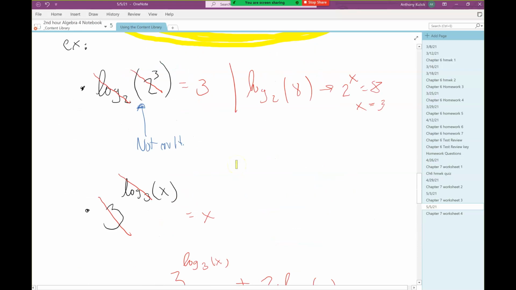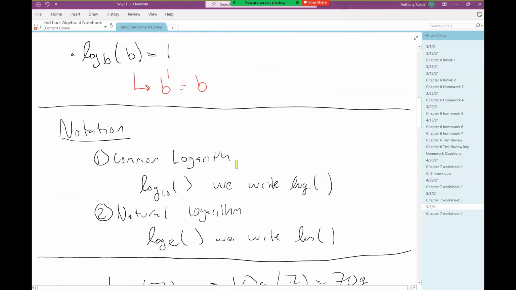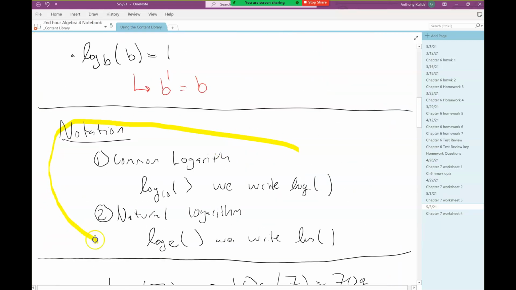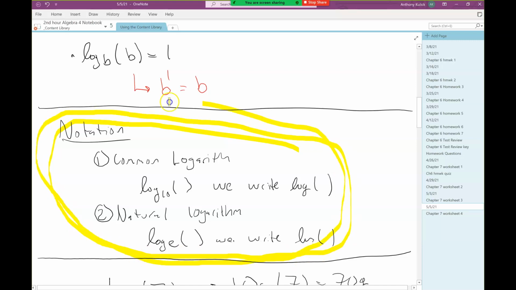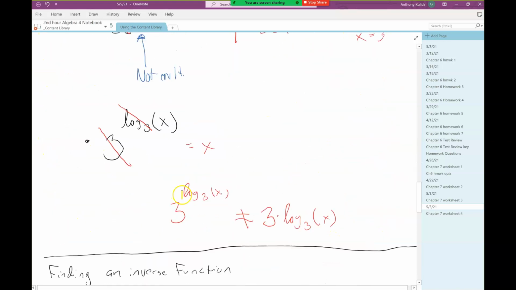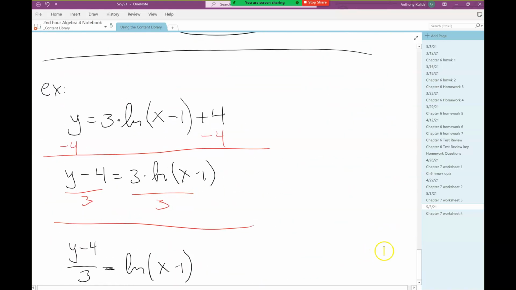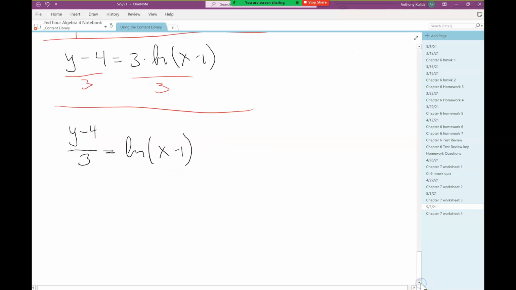Remember, this was one of these 2 notations that I said was going to be super important that we had to memorize, and remember what the bases were for these 2 special situations. So for ln, the base is e. For the common log, the base is 10. Got to make sure you remember that, because when we get to doing problems like this, you are in a load of trouble if you don't remember that.